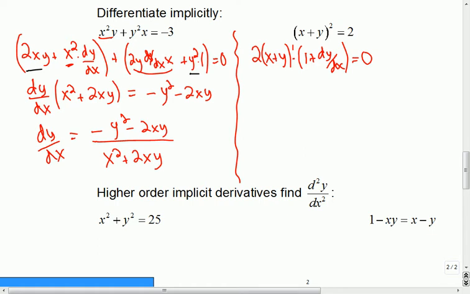Okay, so this is what I end up with for the chain rule on this example. Which, if I was to expand this out, I'd have 2x plus y plus 2x plus y dy by dx equals to 0.